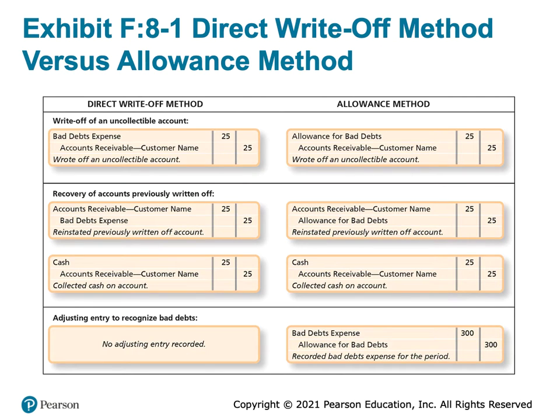This slide is a summary of the two different methods, the direct write-off method and the allowance method. I would pause the video and write these down and make sure that you understand what the journal entries look like for both methods, and just have that to be able to reference back to.